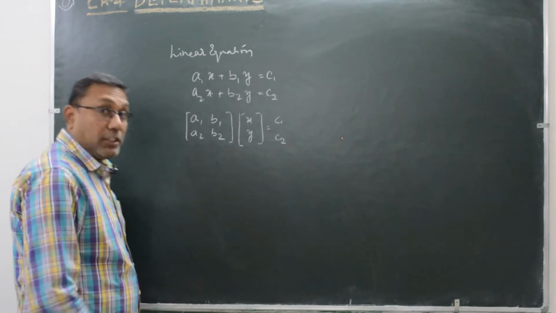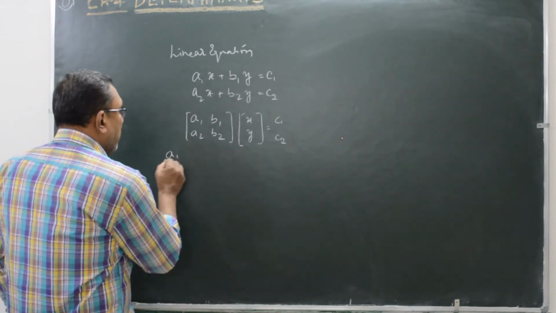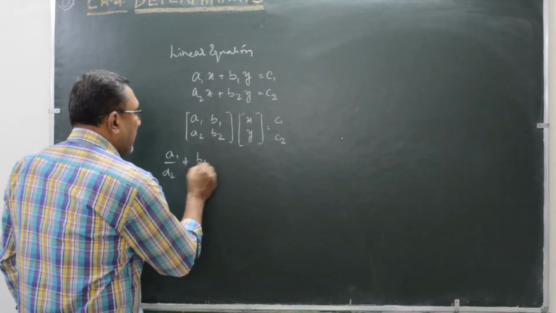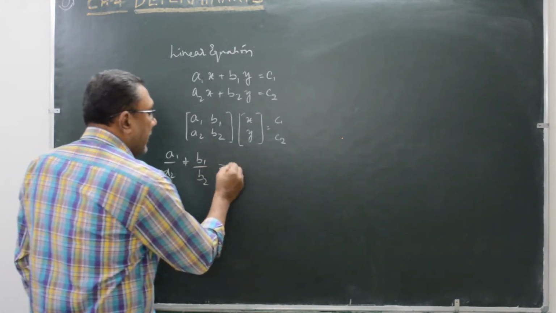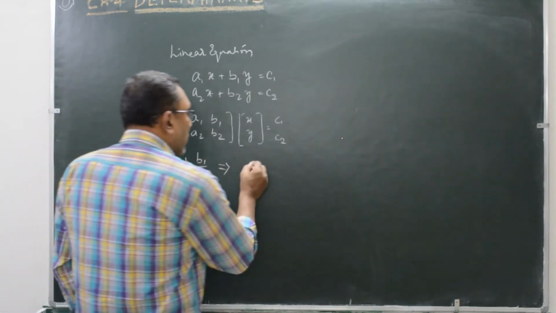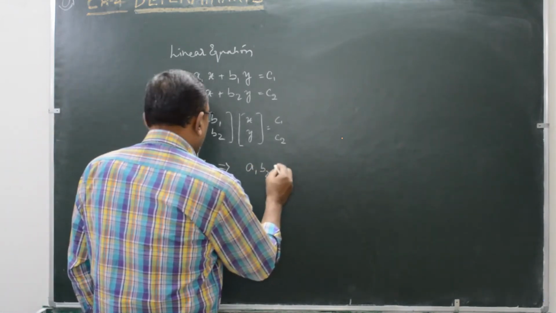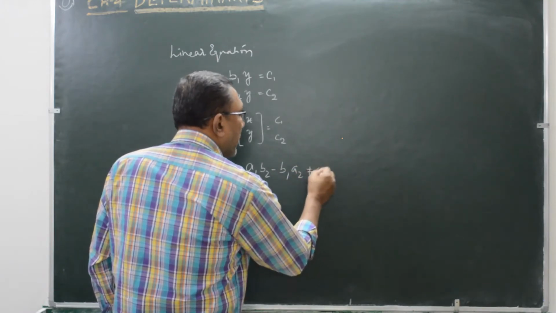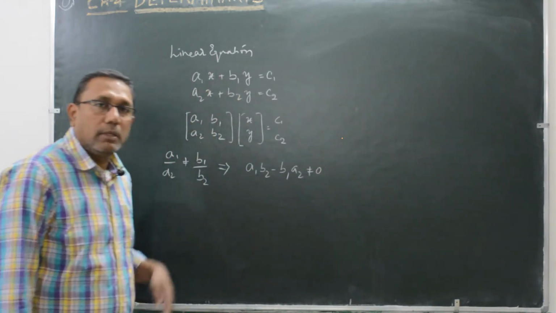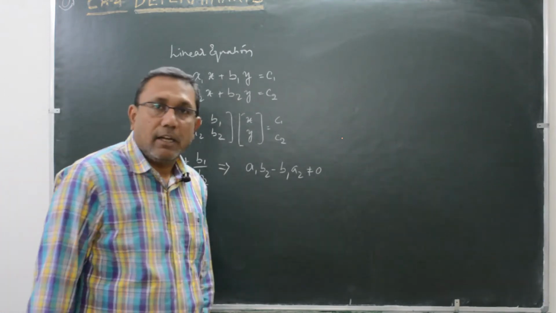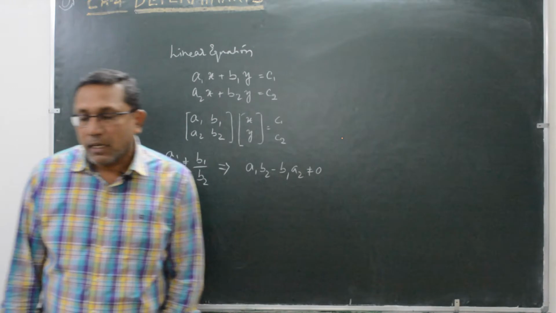If it is so, then a1 by a2 should not be equal to b1 by b2. What it implies is, a1 b2 minus b1 a2 should not be equal to 0. In such a situation, we can say that it has a unique solution.